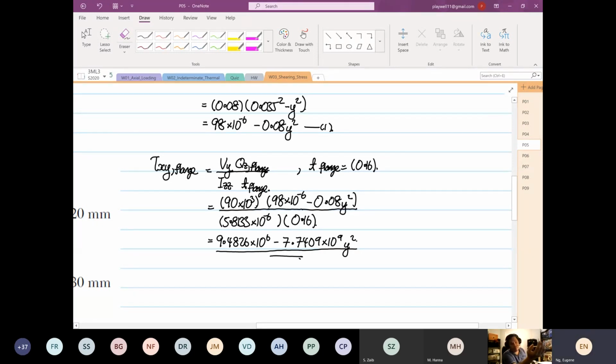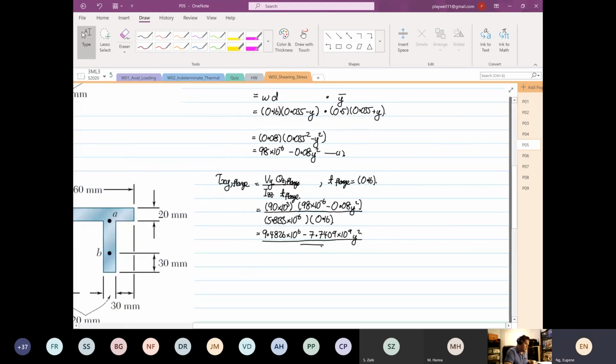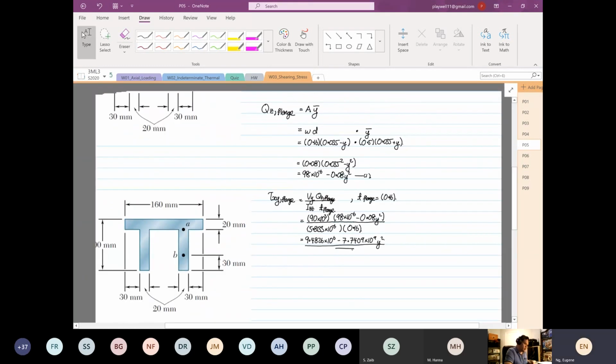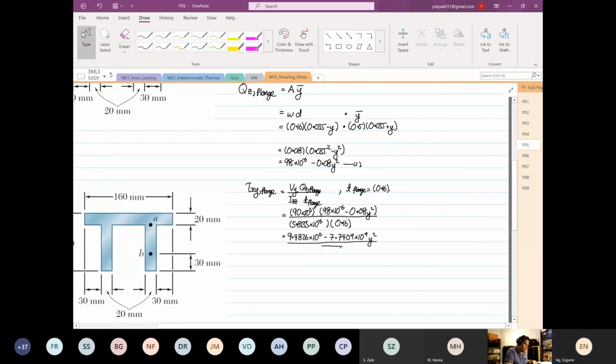Now question, how do you know it's right or wrong? Anyone? How do you know if this distribution, this equation, is correct?